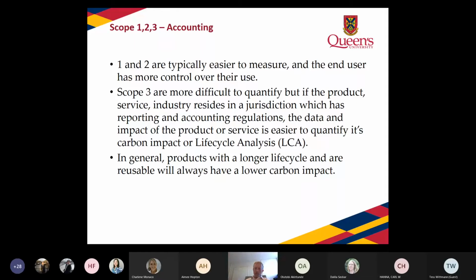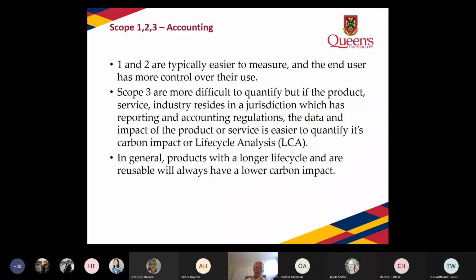Scope 3 emissions are a little bit more difficult to quantify, but if they are being produced in a jurisdiction that has reporting and accounting regulations, then those companies and institutions or providers are also required to report their emissions if they're over a certain size, or if they're, say, a service provider over a certain size, like Enbridge or Union Gas, they'd have to report the end use consumption for any smaller organizations or companies.